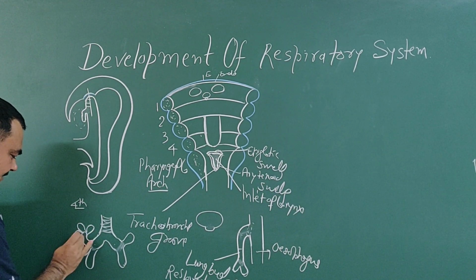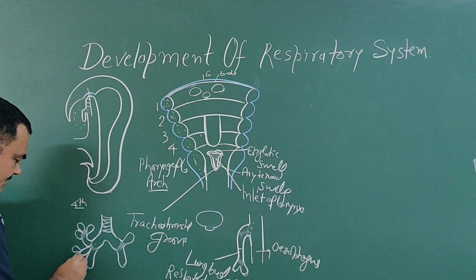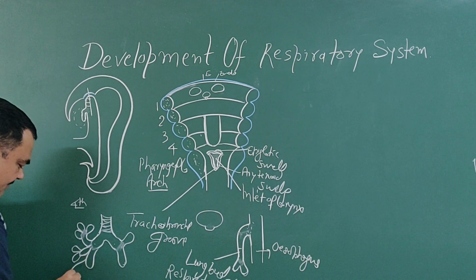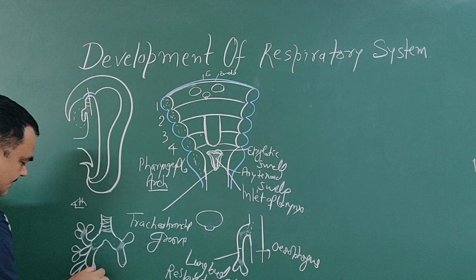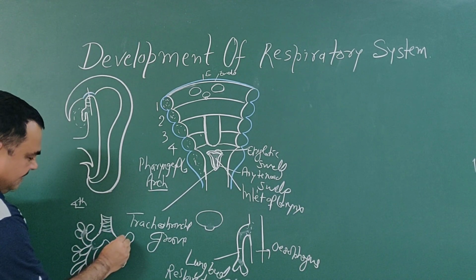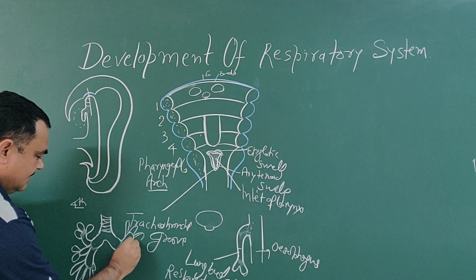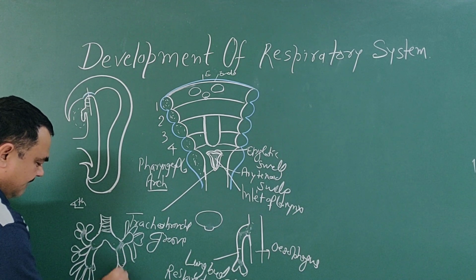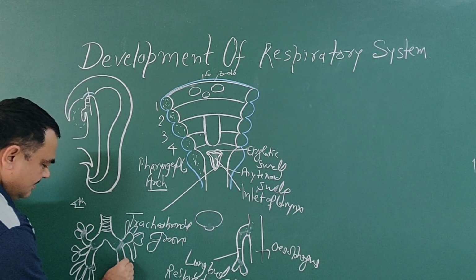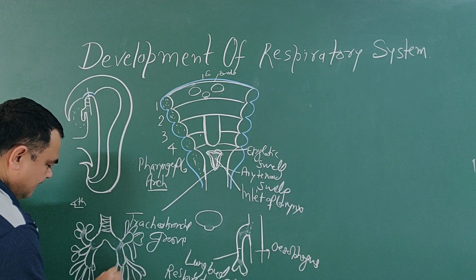So the upper forms three segmental buds, the middle forms two, and the lower forms five. So five buds are formed.